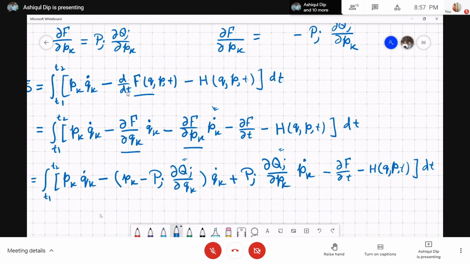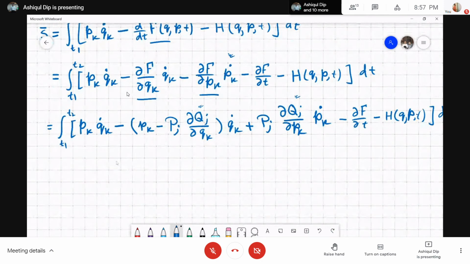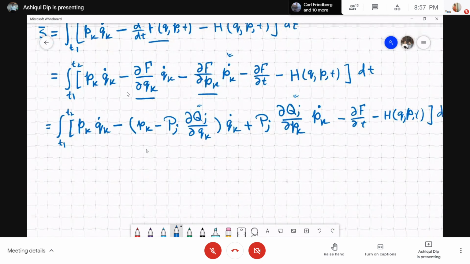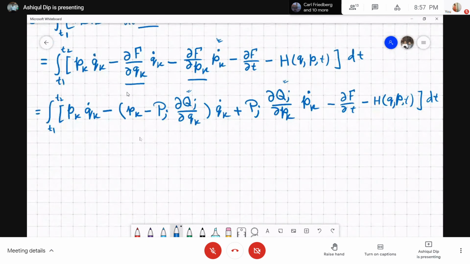Let's do the algebra. Minus signs canceling. The first term cancels with the second one, right? This term p_k q_k dot, and we have negative p_k q_k dot, that cancels out. These two terms cancel out.